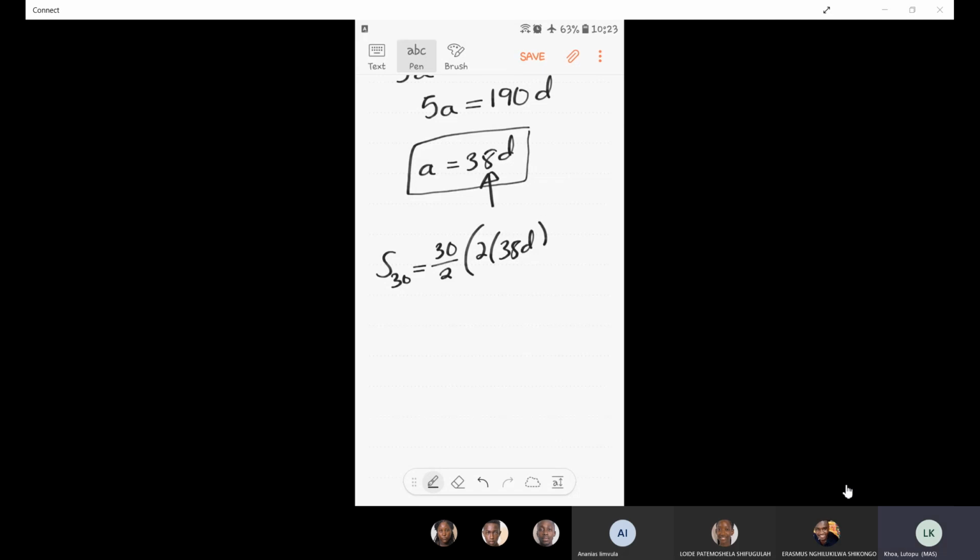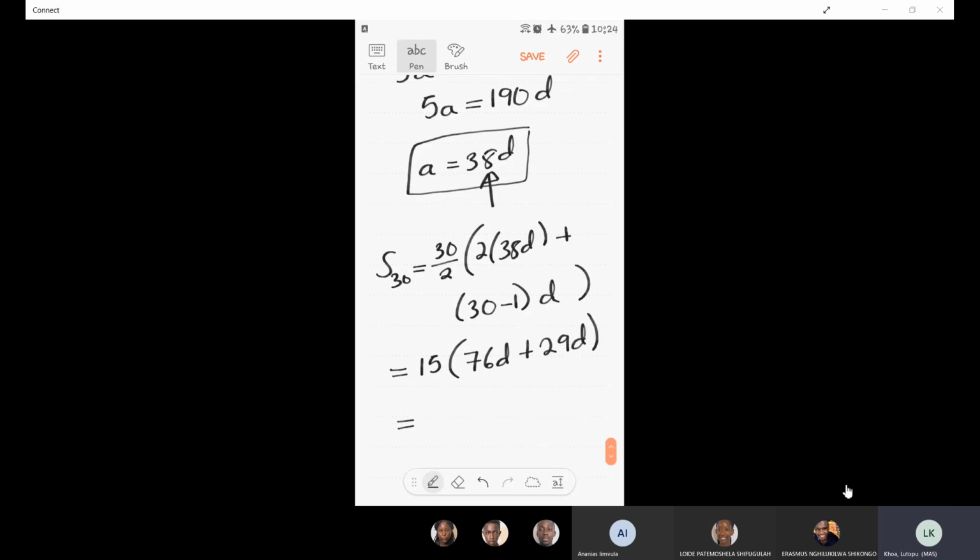And then plus 30 minus 1 times the common difference, which is D. Then simplifying this, I get 15, 38 times 2 is 76, so I have 76D plus 29D.